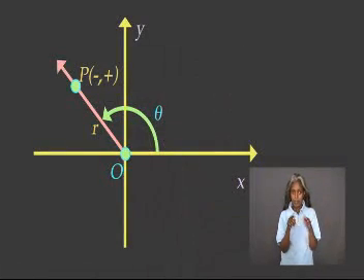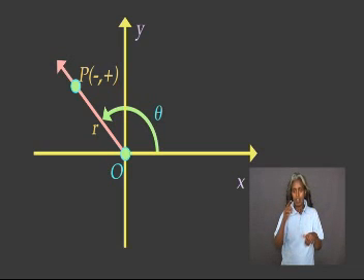Since the angle is in the second quadrant, the sine (opposite side over hypotenuse) is positive. The cosine (adjacent side over hypotenuse) is negative because the adjacent side is negative. And the tangent (opposite side over adjacent side) is negative, again, because the adjacent is negative.